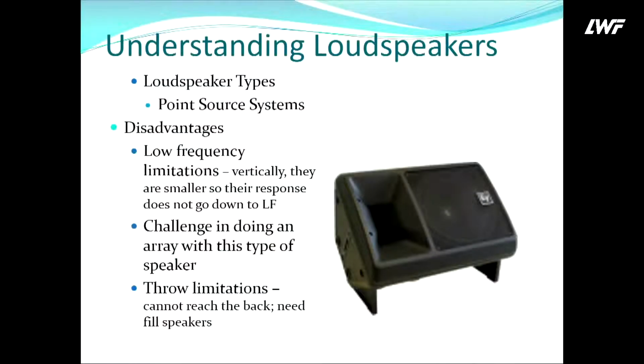Alright? And then, yung limitation ng throw. Yung throw kasi, konti lang kasi ang point source eh. And then there's such a thing as what they call inverse square law. Inverse square law means that for every doubling of distance, you lose 6 dB.